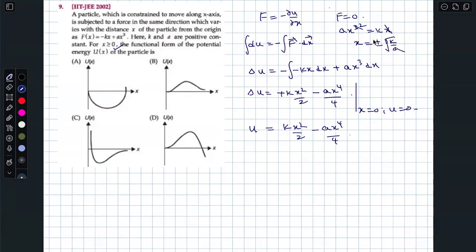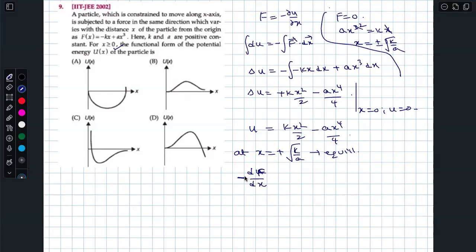Okay. So I have understood one point here. X is equal to plus root k by a is an equilibrium position. Now force is already du by dx; f is minus du by dx.